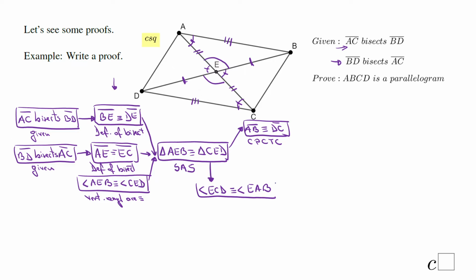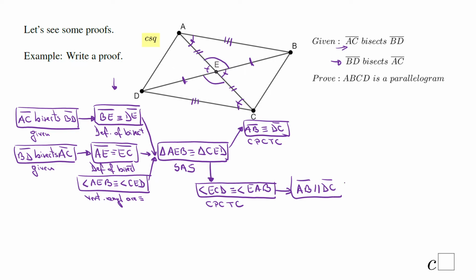And the reason of this is the same like for the previous statement. Corresponding parts of congruent triangles are congruent. Of course, we can write another part, but we don't really need it. Now, based on this statement here, because these two angles are congruent, I can say segment AB is parallel with segment DC.